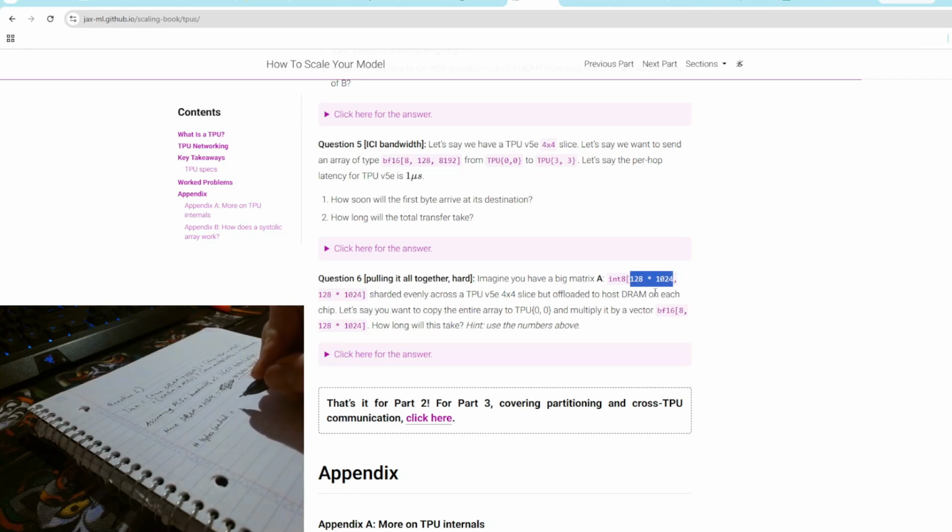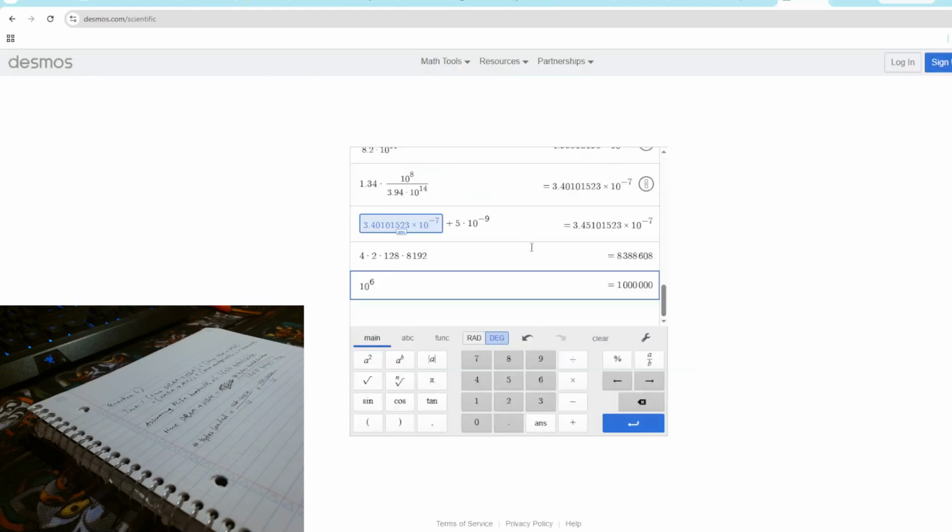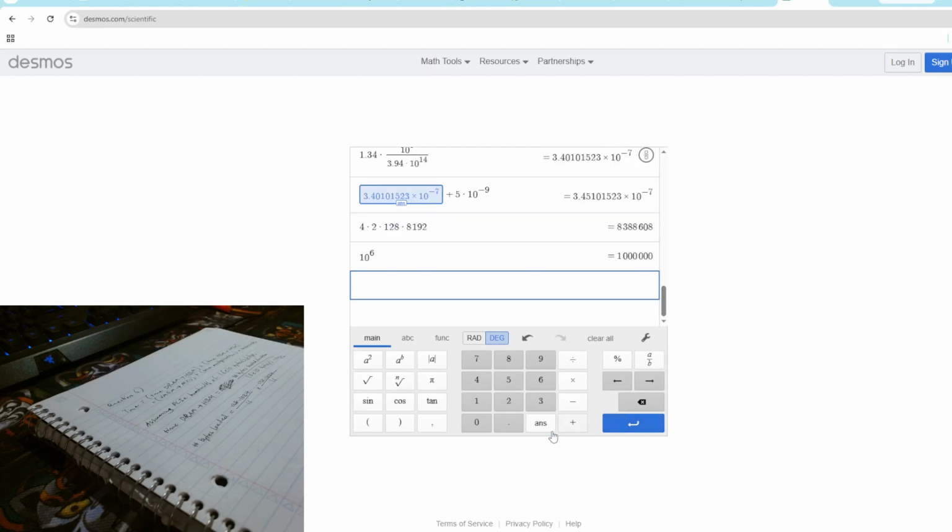So this is 128 times 1024 divided by 16 times 128 times 1024 divided by 16. I wonder why they're writing that times symbol there. Whatever. Let's do this calculation. We only have to do it once and then square it.